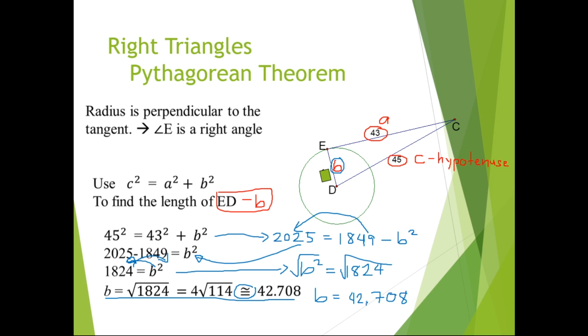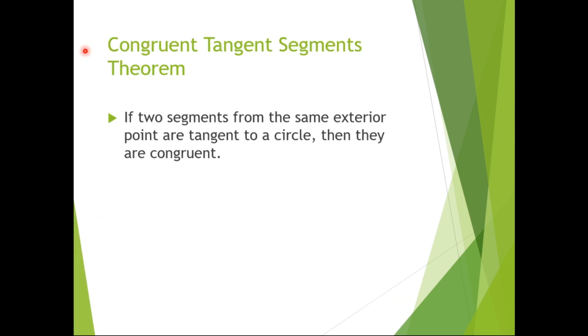Therefore, the length of this radius ED, represented by letter b, is approximately 42.708.